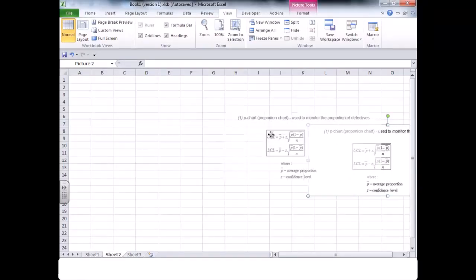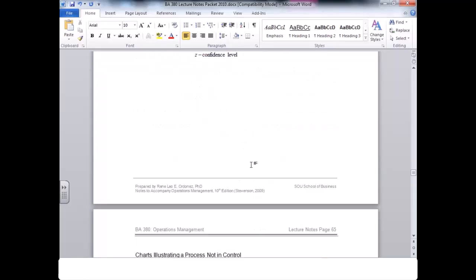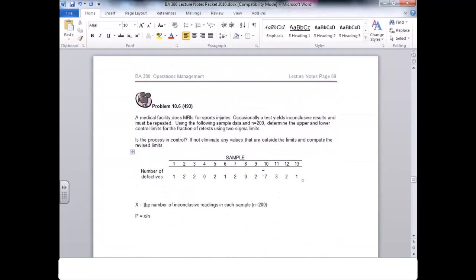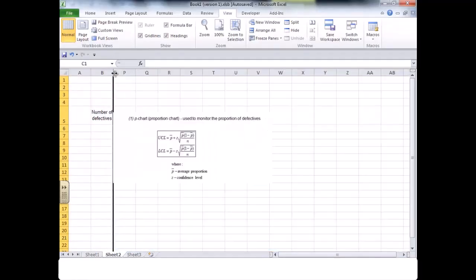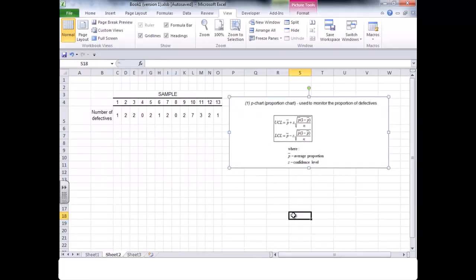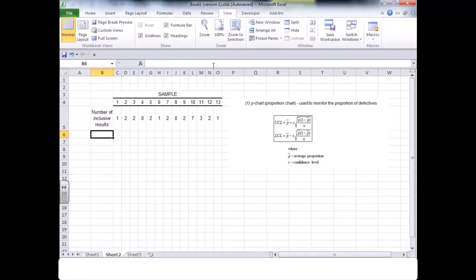Okay. I'm going to copy the data from the Word file. I don't have to retype them. Okay, so there you go. All right, so that's the data. The number of inconclusive results is how we define defectives.